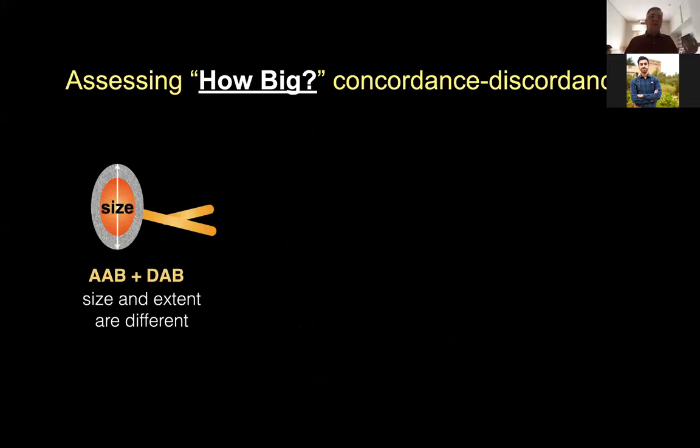So when we see this, how big is my lesion in a mixed AAB and DAB lesion? For purposes of TNM, the maximum diameter of the lesion plus its thick echogenic rim is the size, but the extent includes all the DCIS components.